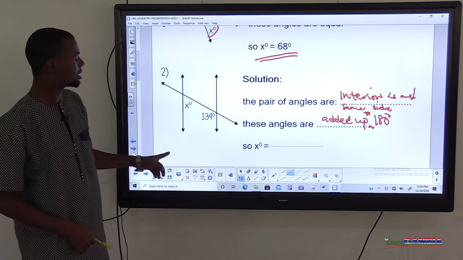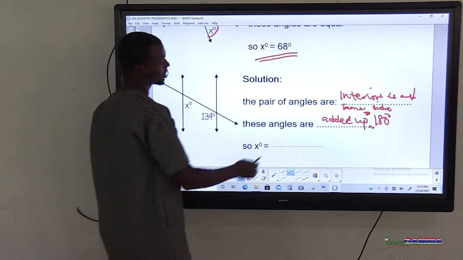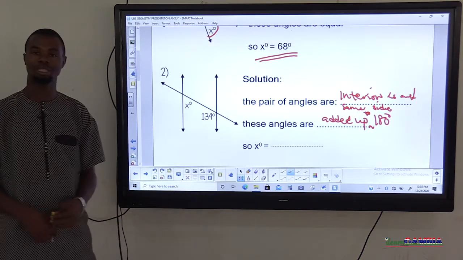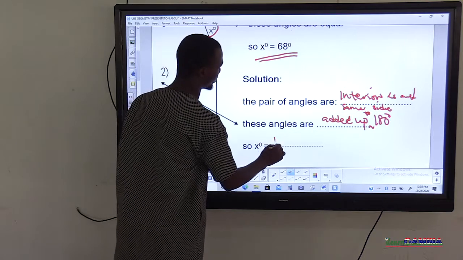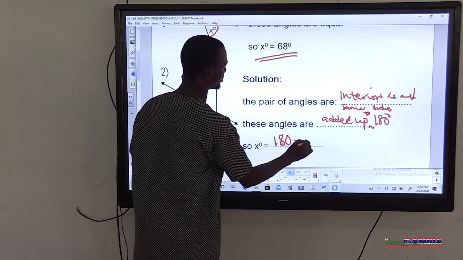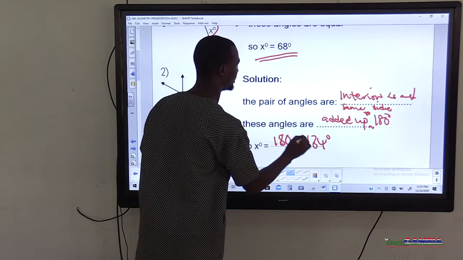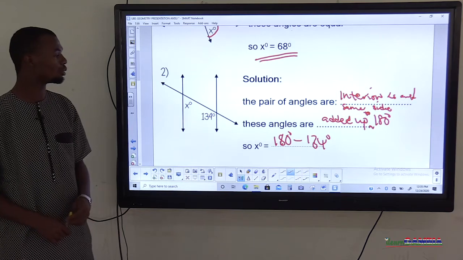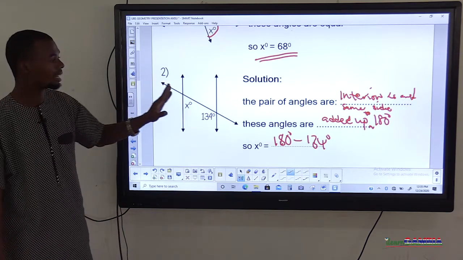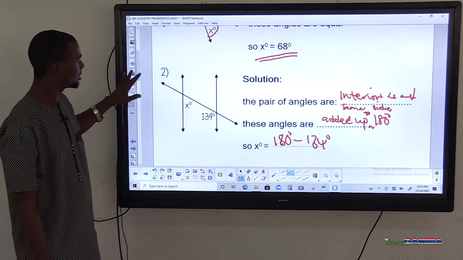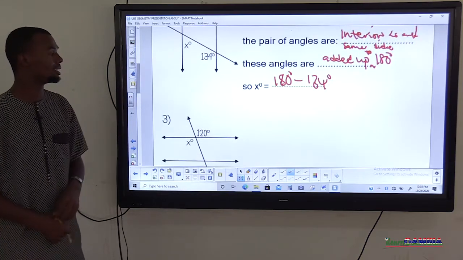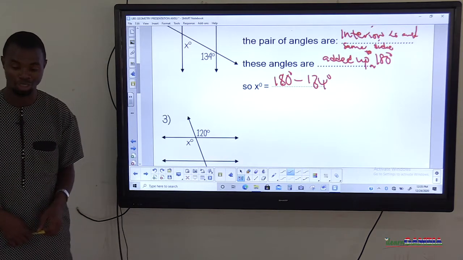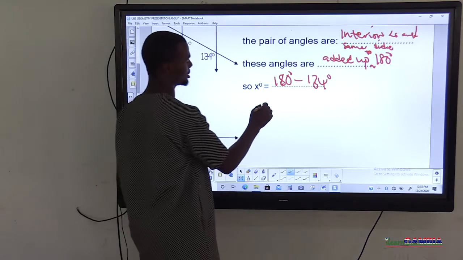So if the two angles add up to 180 and you have one of the angles, to get the other one you subtract the one that you have from 180. So x is equal to 180 degrees minus 134 degrees, which gives us 46.